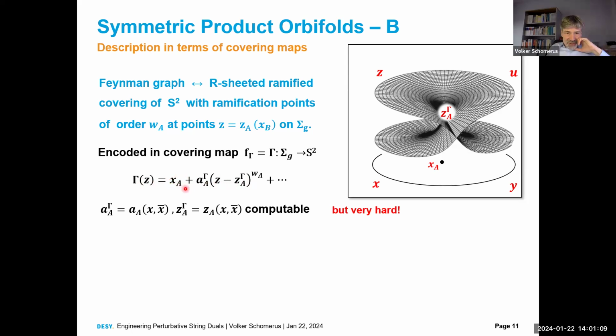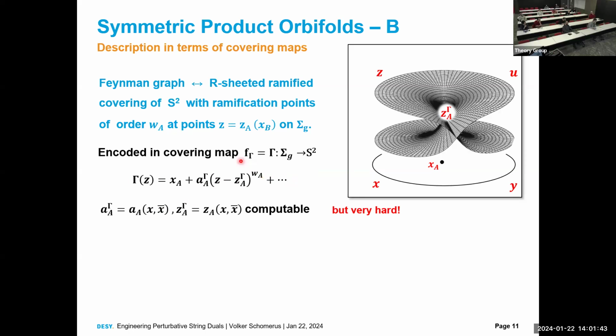The leading term is x_a, the insertion point of your twist field on the two-sphere S^2. And then for a while there's nothing until you come to the term with the power w_a. So w_a is non-trivially at least 2, but could be higher. It's the cycle length again, and there you get this behavior with an undetermined coefficient at this point, a_a^Γ.